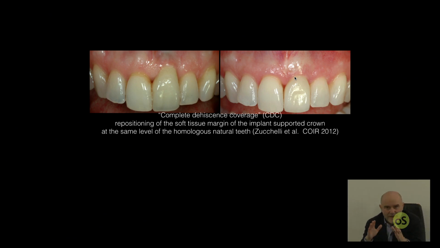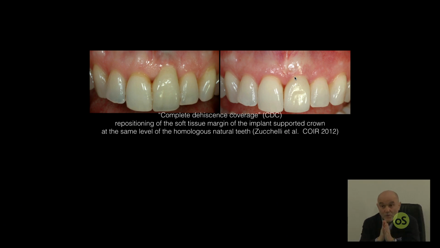It's only one goal, complete coverage. It's not always possible, yes we know, but we have to know this from the beginning, because we have to make the patient aware that his expectation, namely to have the tooth exactly like the adjacent one, is not possible to be achieved.